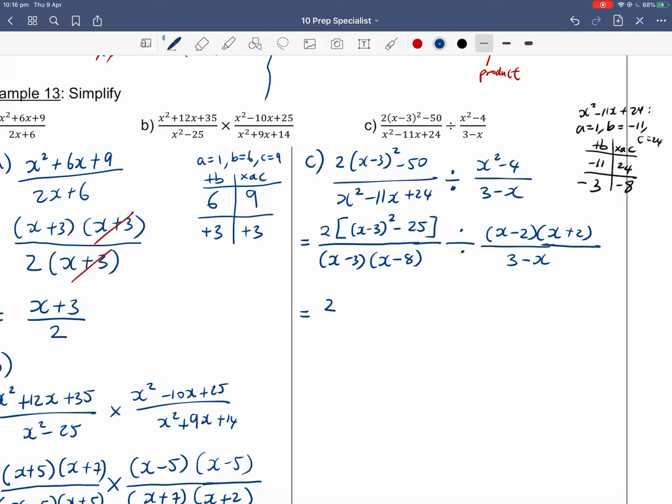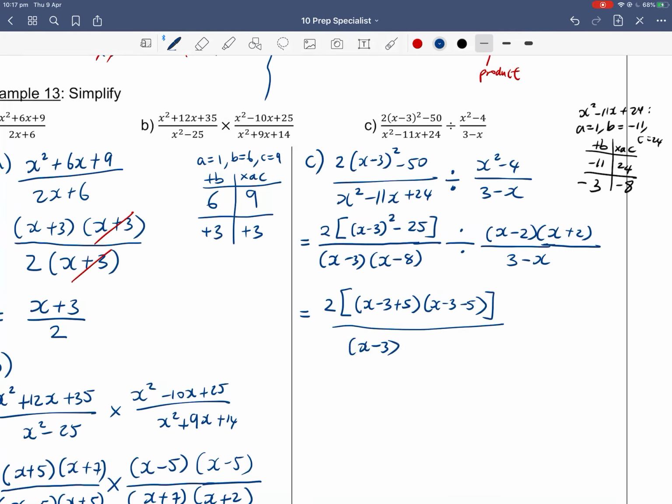Okay, let's factorize the top bit there. So it's a squared minus b squared, so it's a plus b times a minus b. So hang on, let me write that better again. So a is x minus 3 plus b times a, which is x minus 3 minus b.